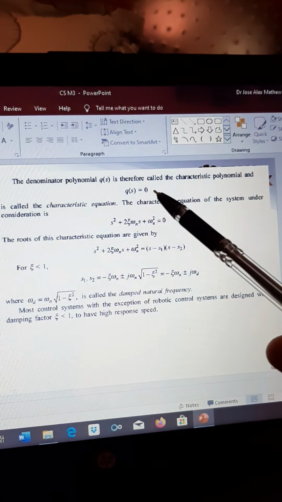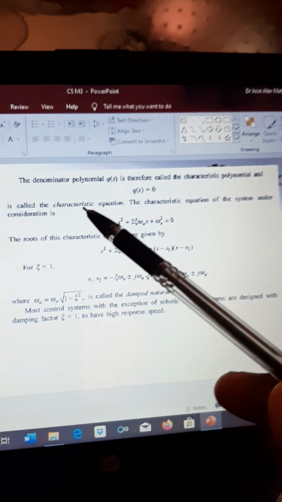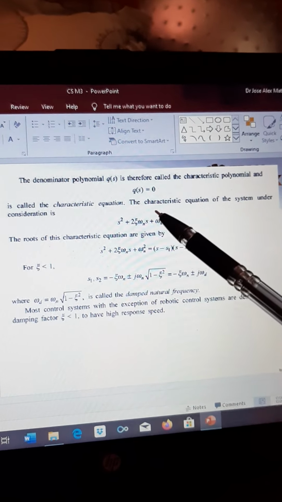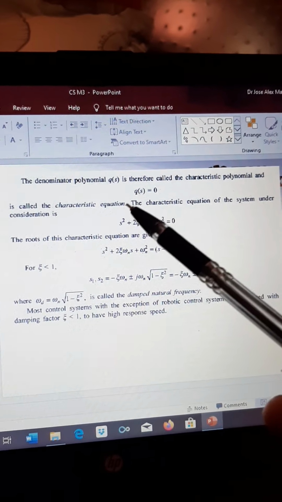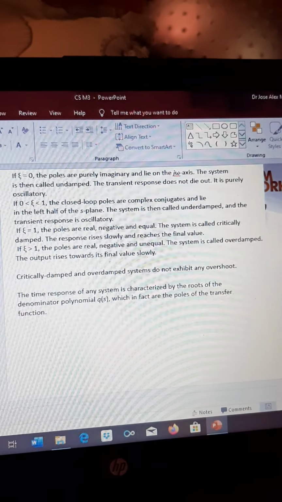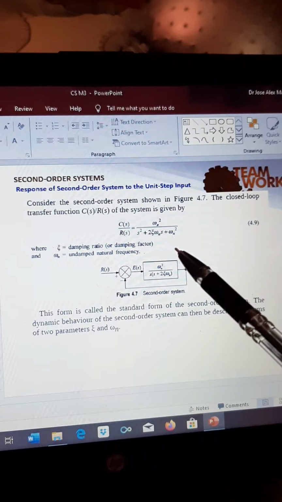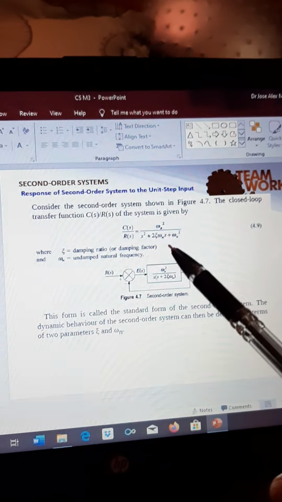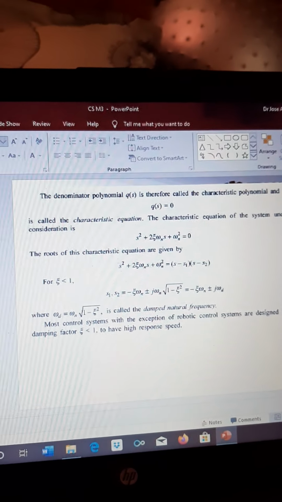Q(s) equal to 0 is called the characteristic equation. Whatever there is in the denominator of C(s)/R(s), when you equate that denominator to 0, it is known as the characteristic equation.